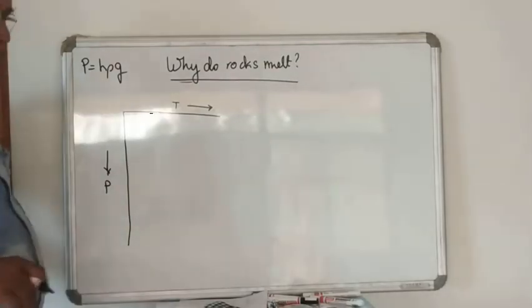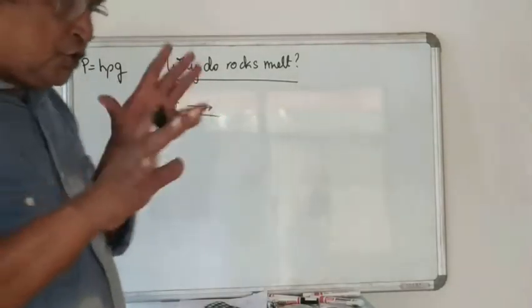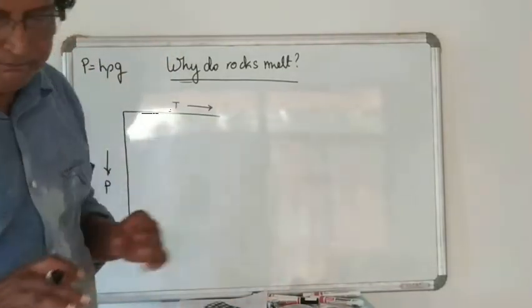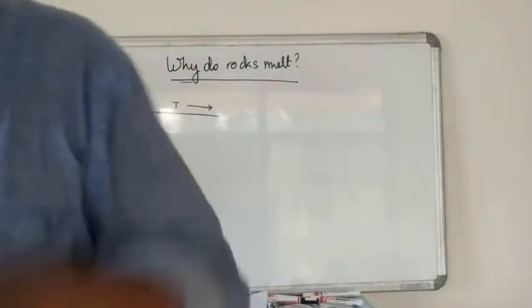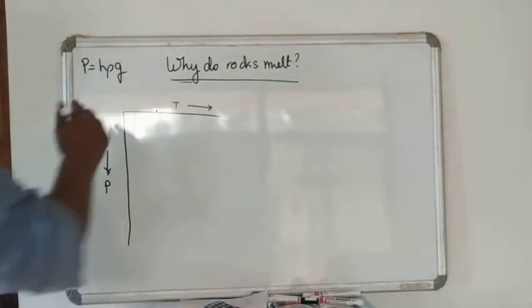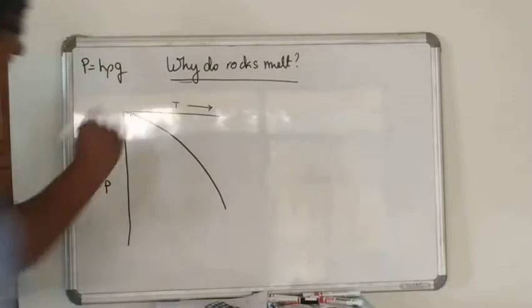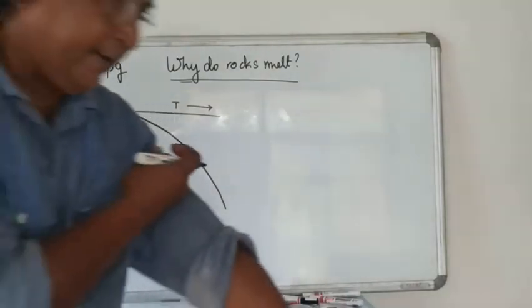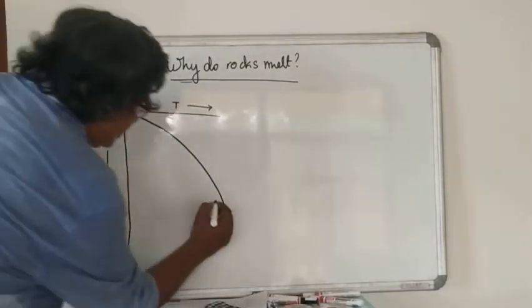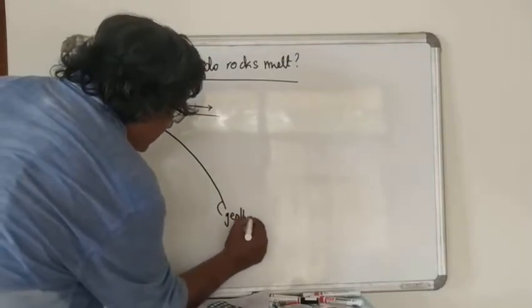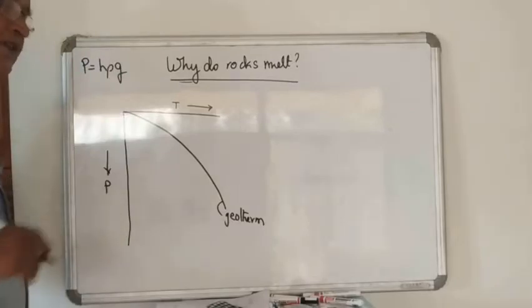Now, there are two graphs to be displayed on this diagram. Graph number 1. This is a graph which I am drawing. This is called a geotherm. What is a geotherm?